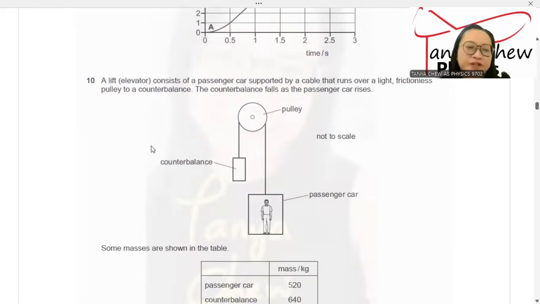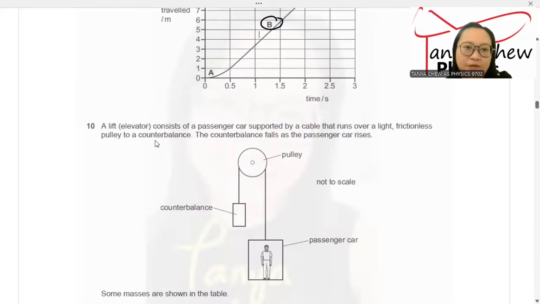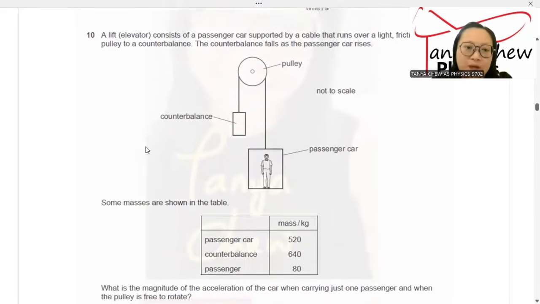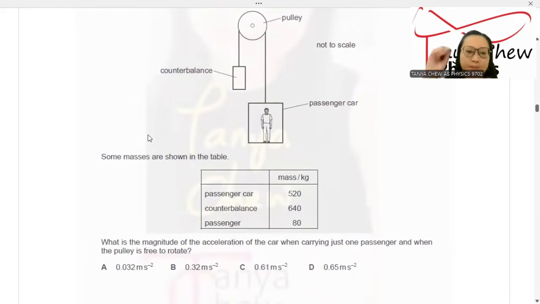Now, question number 10. A lift, or the elevator, consists of a passenger car supported by a cable that runs over a light, frictionless pulley to a counterbalance. The counterbalance falls as the passenger car rises. Some masses are shown in the table.